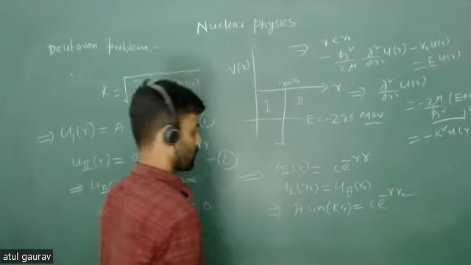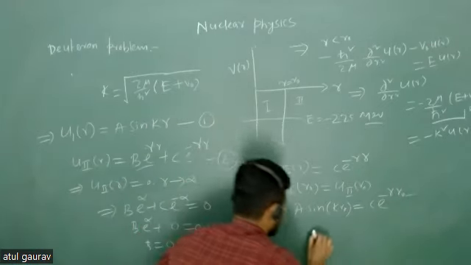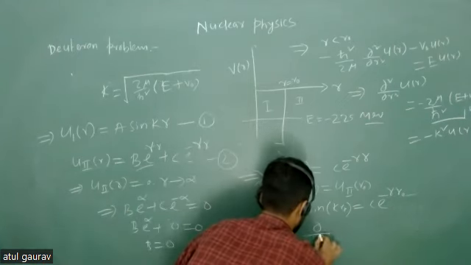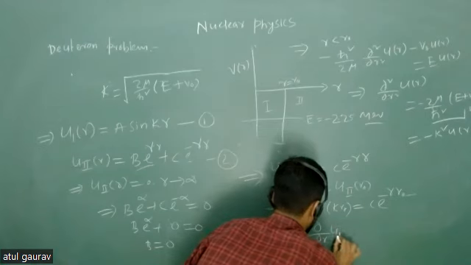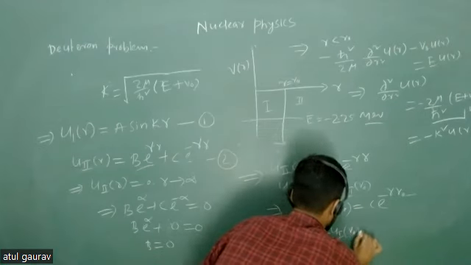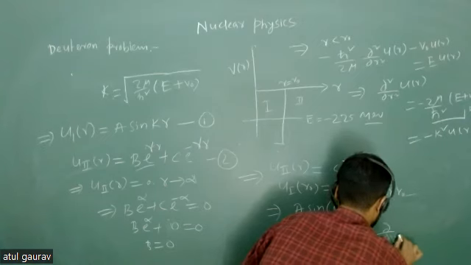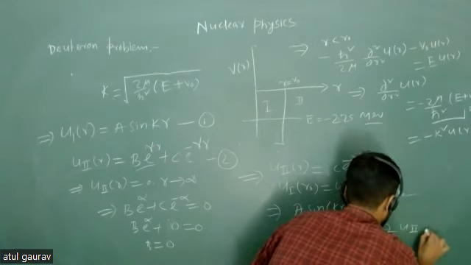Is it clear? Also the first derivative is continuous, so we can write del u1/del r at r0 equals del u2/del r at r0.